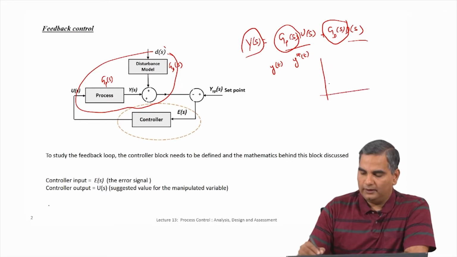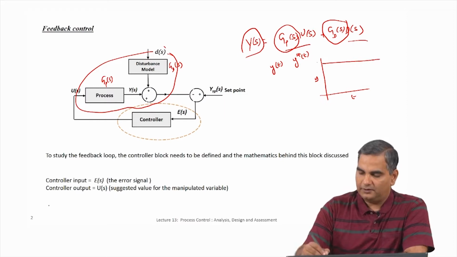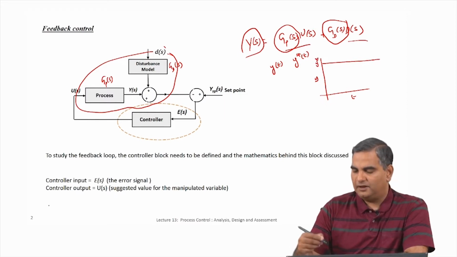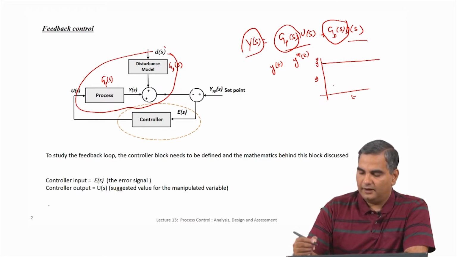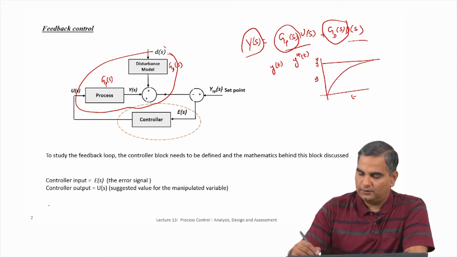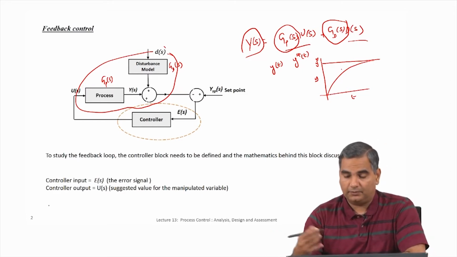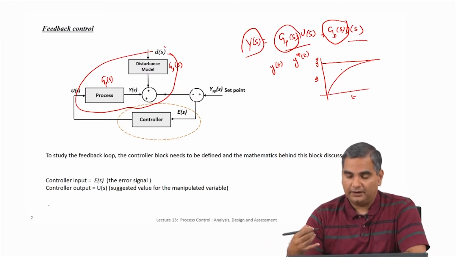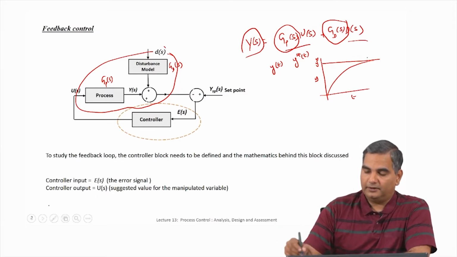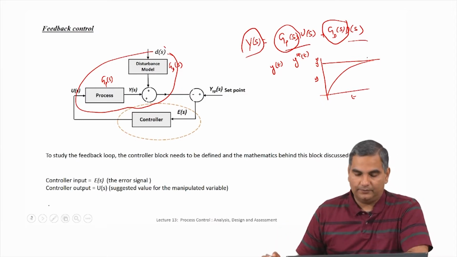Normally, if I have y like this as a function of time, set point might be a constant value. But in some cases you might say I want to start this process off slowly and then take it to this place. So, this could also be the profile for y set point. To generalize this, I have made this y set point a function of time, but in most cases y set point will be like a flat line or a constant value.